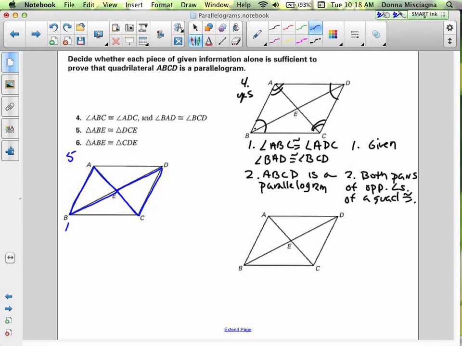Of course, we're going to start off with the given triangle. We have nothing else to start off with. Triangle ABE congruent to triangle DCE. I said DCE, and I decided to switch those. DCE, and that is given.